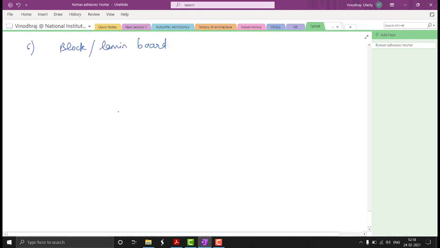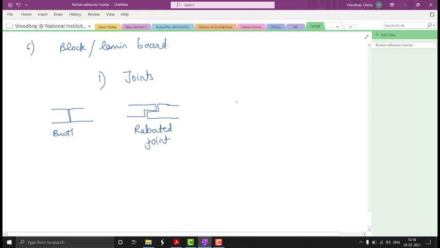And one more thing you need to remember is the types of joints in wood, right? So this is a butt joint, and what else is there? I think this is a rebated joint.